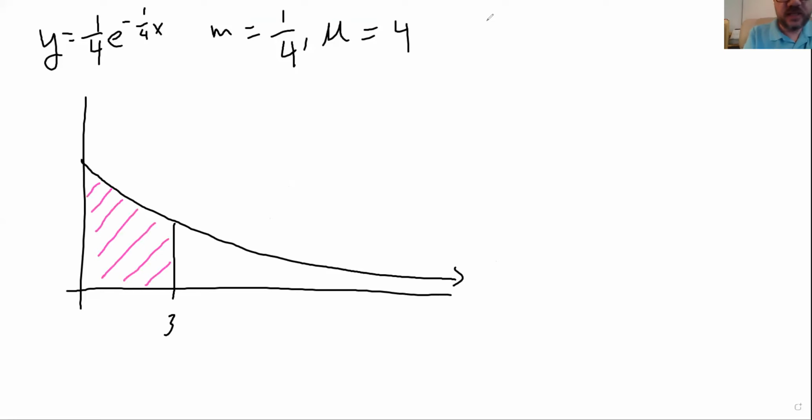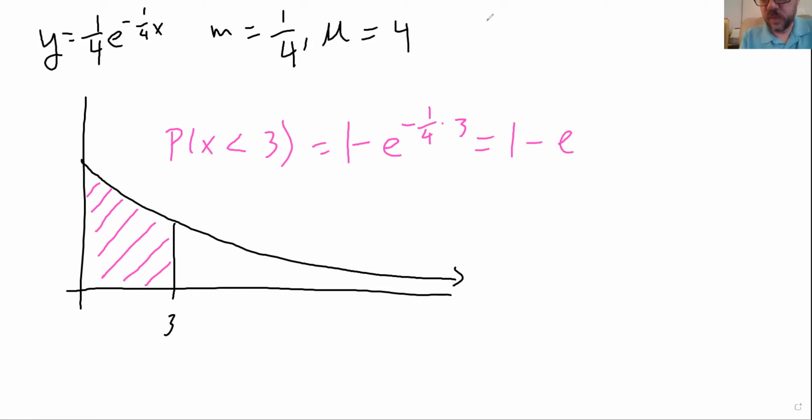Well, that is asking about the probability that x is less than 3. And we know what the formula is: 1 minus e to the minus mk. So 1 minus e to the minus, m is 1/4, and k here is 3, the cutoff. So this is 1 minus e to the minus 3/4.